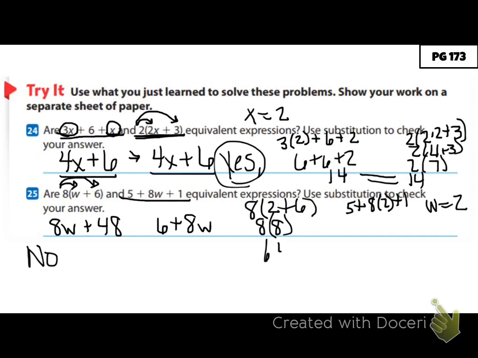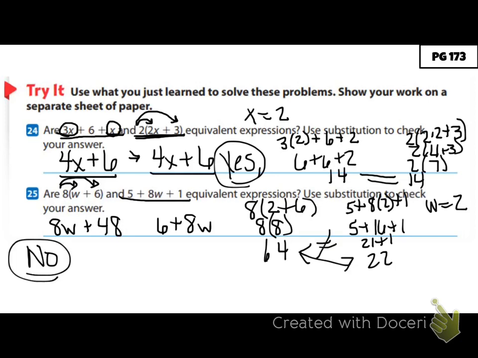And then 8 times 8 is 64. Here, start with my multiplication. 8 times 2 is 16. Plus 1 and 5. 5 plus 16 is 21. Plus 1 is 22. So 64 and 22 are not equal. So my answer is correct with no, they are not equivalent.